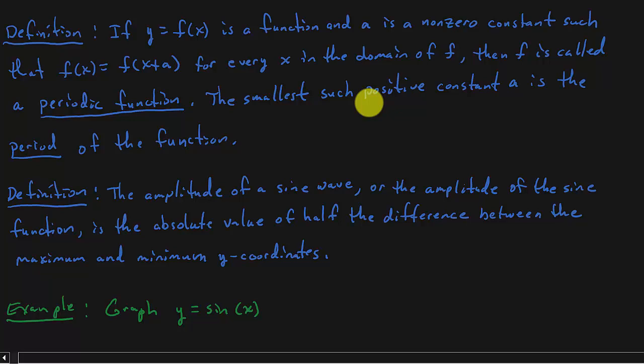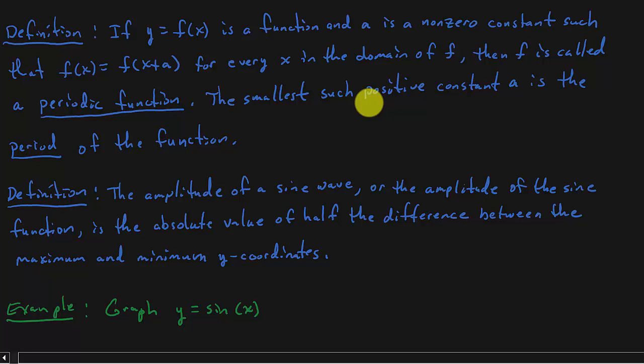The smallest such positive constant a is the period of the function. A periodic function is a function that repeats. You graph it over an interval, and then it just keeps repeating over that same interval as you move out.